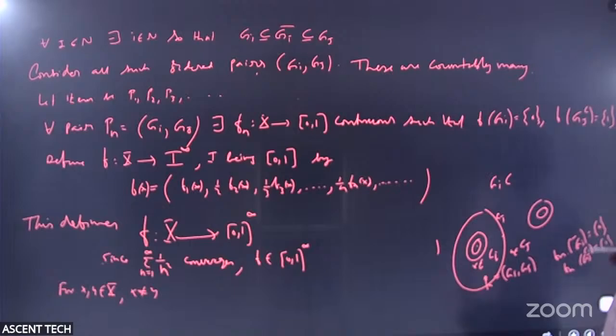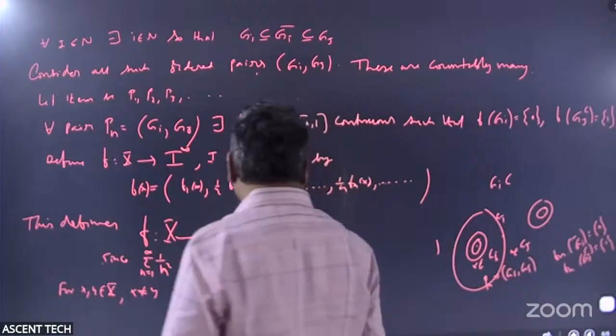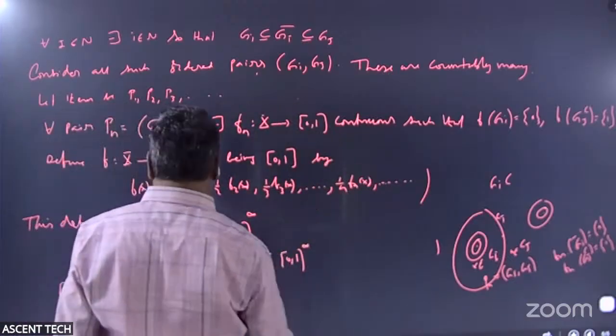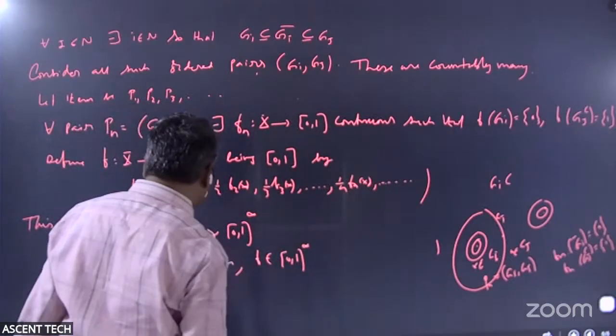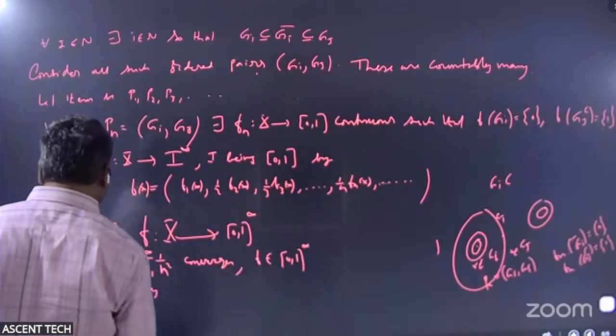Then Fn on Gj complement is 1. So the nth entry for x is 0, for y is not 0. Because of that, I get the one-to-oneness. So f is 1-1 is obvious.